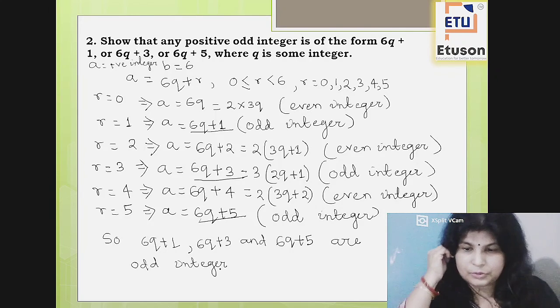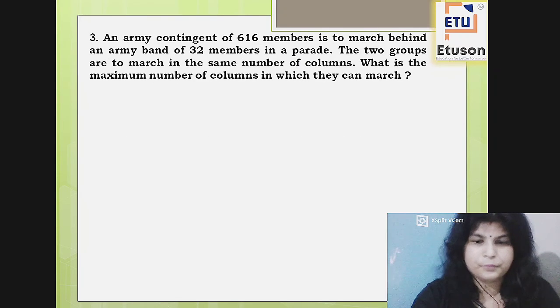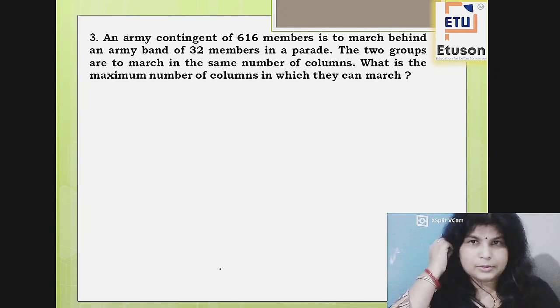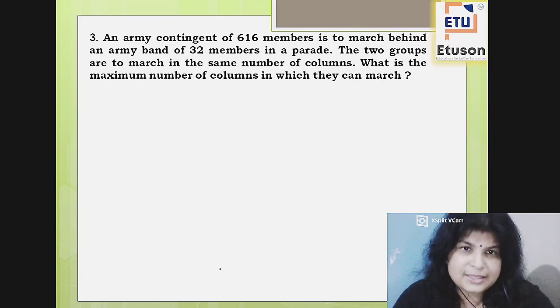Now let us go to the next problem, that is question number 3. Let us read the question first. An army contingent of 616 members is to march behind an army band of 32 members in a parade.